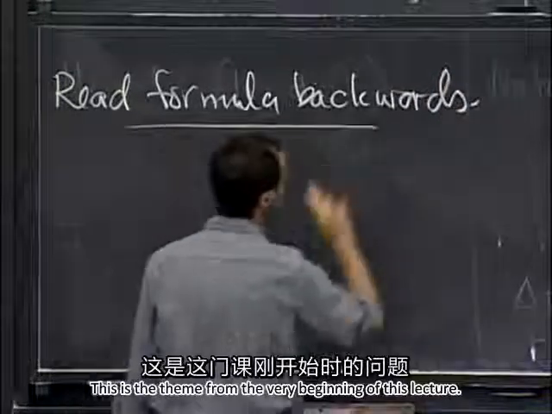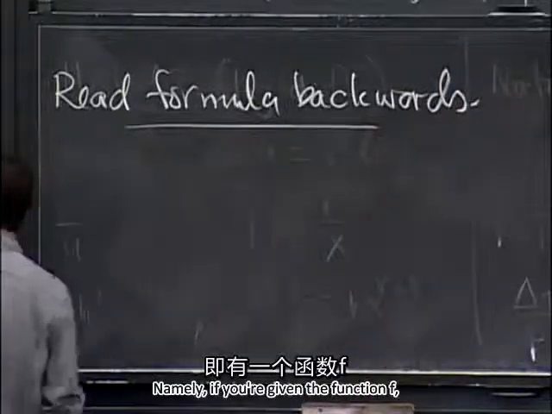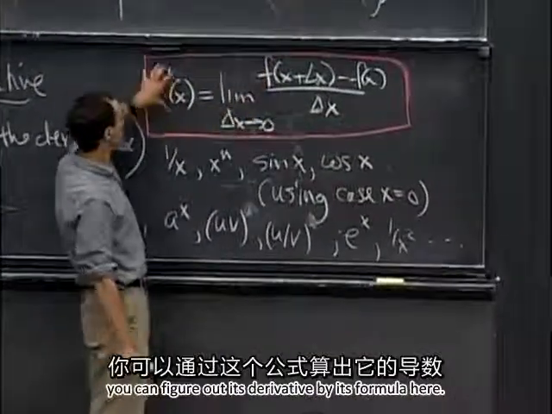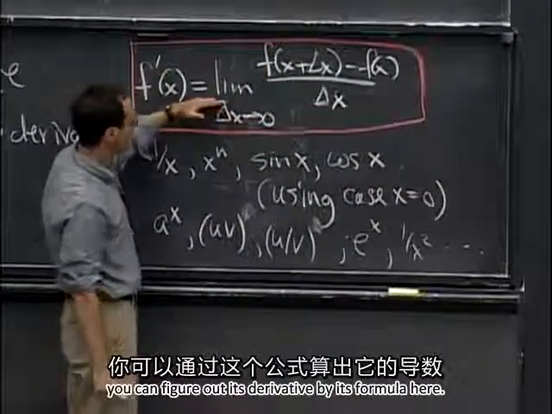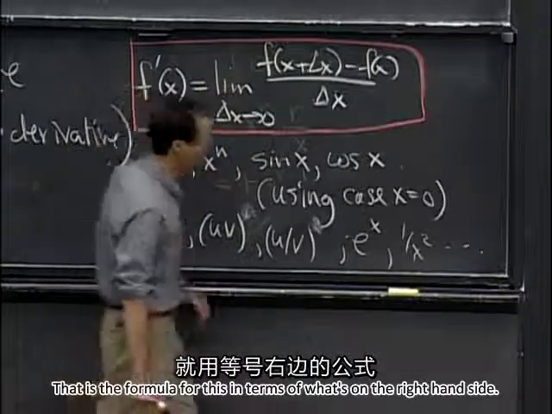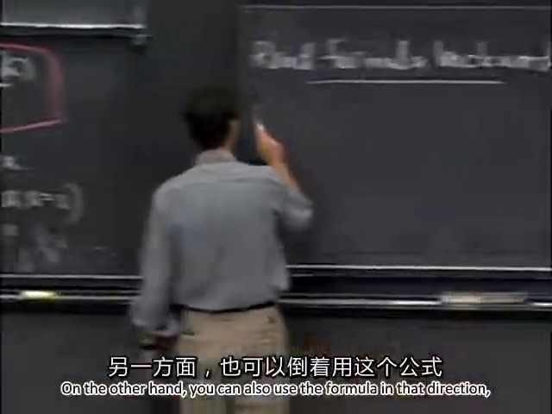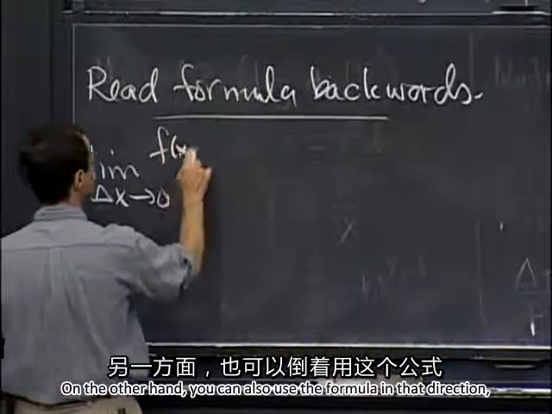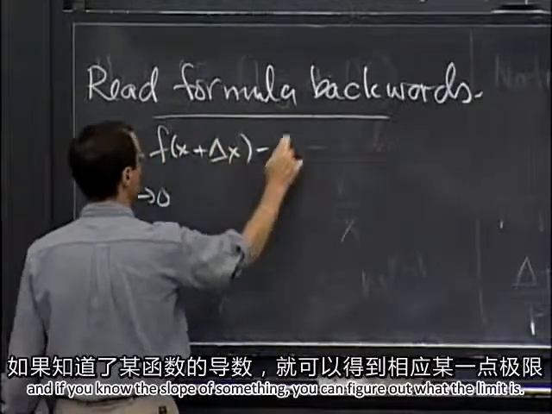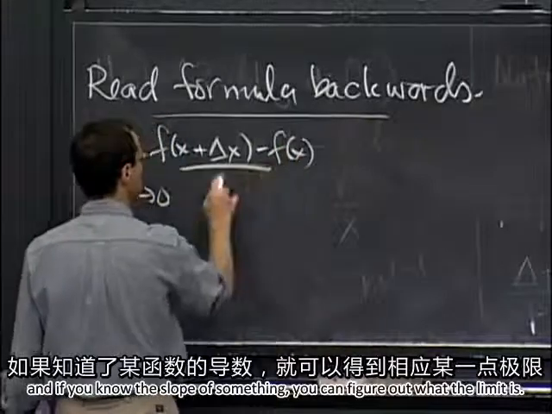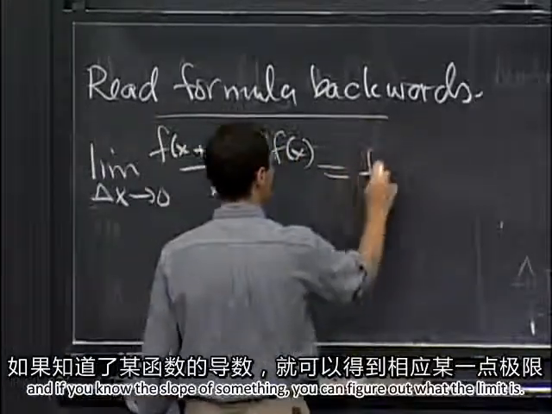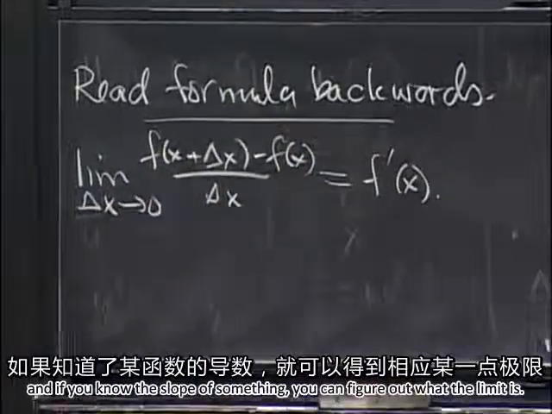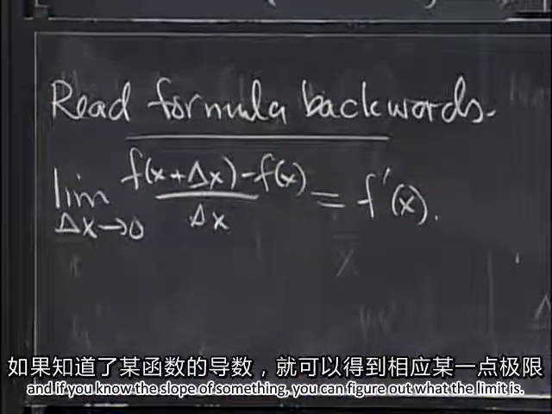This is the theme from the very beginning of this lecture. Namely, if you're given the function f, you can figure out its derivative by this formula here. That is the formula for this in terms of what's on the right-hand side. On the other hand, you can also use the formula in this direction. And if you know the slope of something, you can figure out what the limit is.